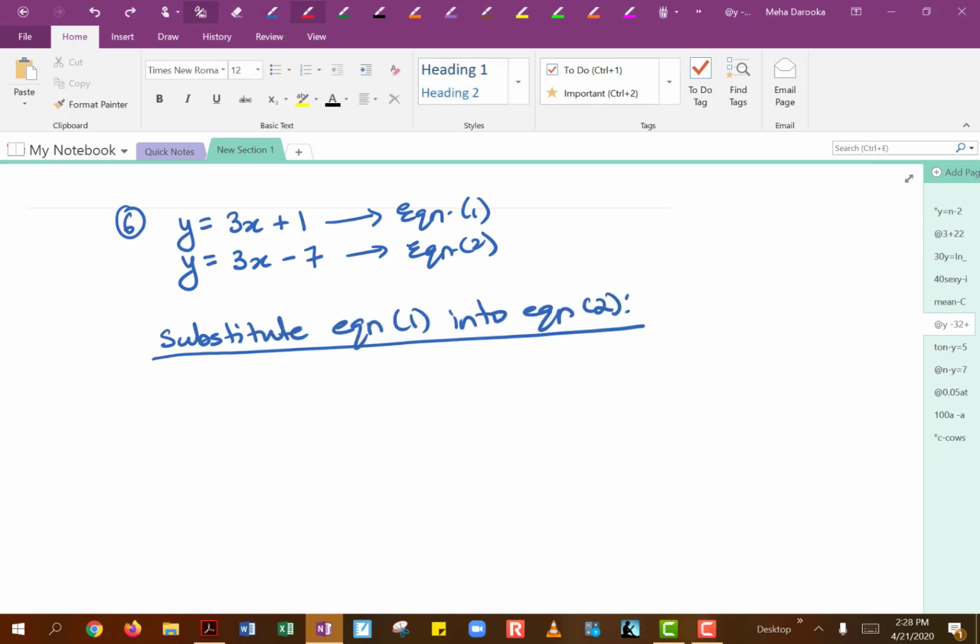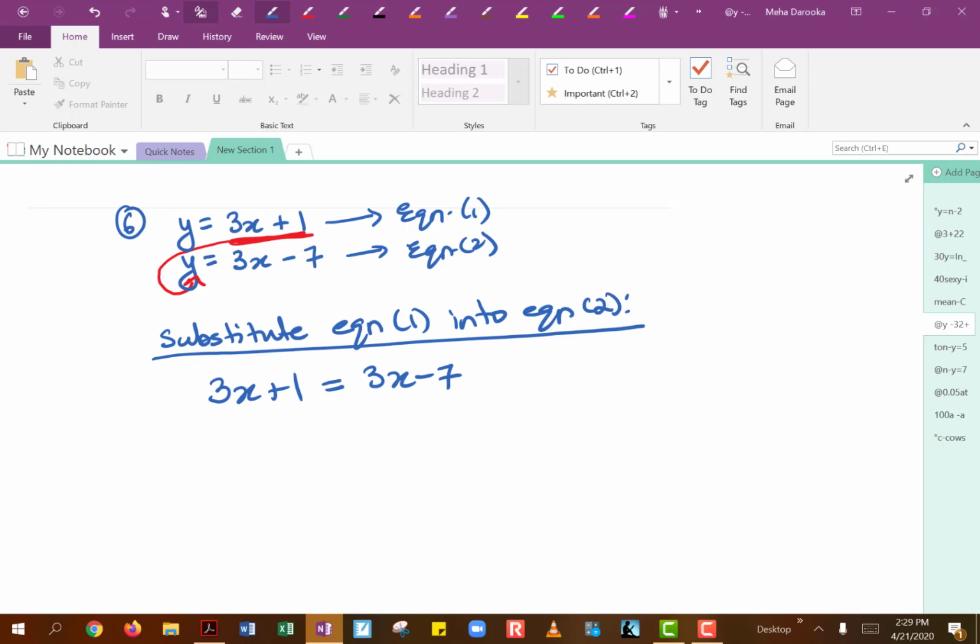Okay, so we are going to be substituting 3x plus 1 from equation 1 into the y for our equation 2. So we'll go ahead and rewrite this as 3x plus 1. This is where we're replacing the y with the 3x plus 1, and this will equal 3x minus 7. So basically you're setting both equations equal to each other.